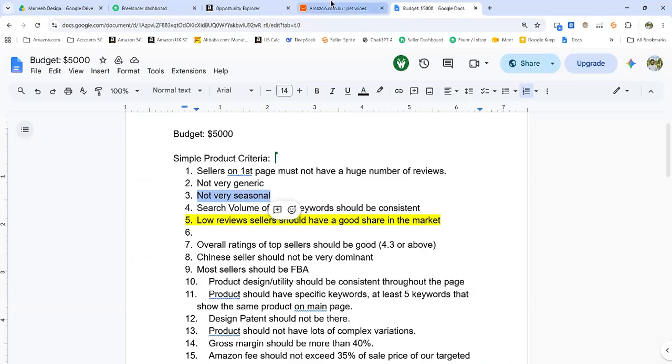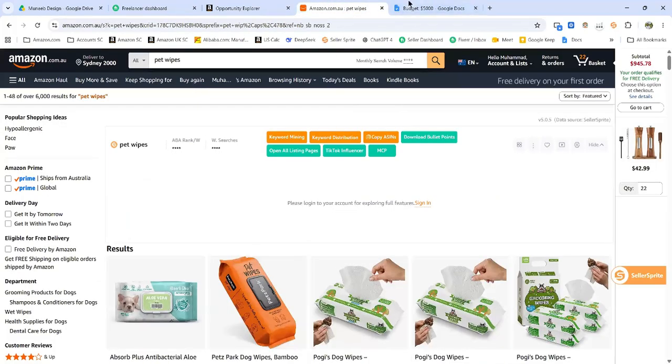The product should also not be very seasonal. Again, we discussed that if there are 2 or 3 months of lower demand, it's okay. But it should not be 5, 6, 7 months of zero demand.